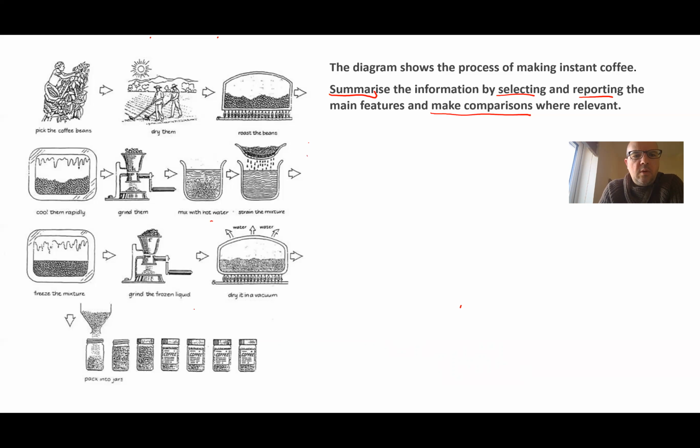So similar to what we did initially, wasn't it? The first step is collecting the beans intact, up to grinding the beans. Then you have liquid coffee, the second step, which is then ground, and then the water is removed in the third step. So you might say that's 1, 2, 3. However you do it, you want to find a way to not just report step after step, but be more analytical, and you do that by looking for phases in the production.